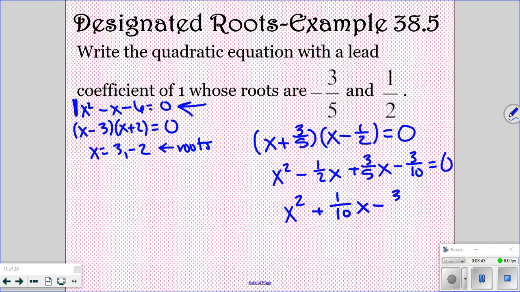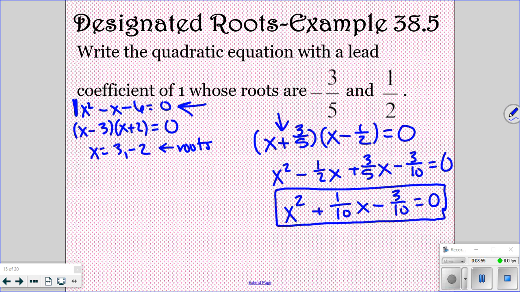And then minus 3/10 equals 0. So that would be your quadratic equation. Most of the time, the people forget to change the signs there. It's x minus the root. That's usually the most commonly messed up part.